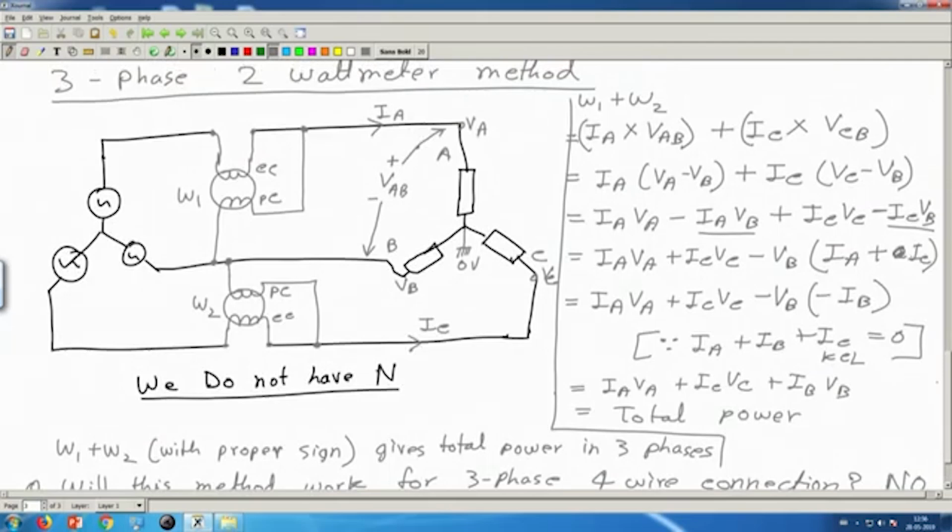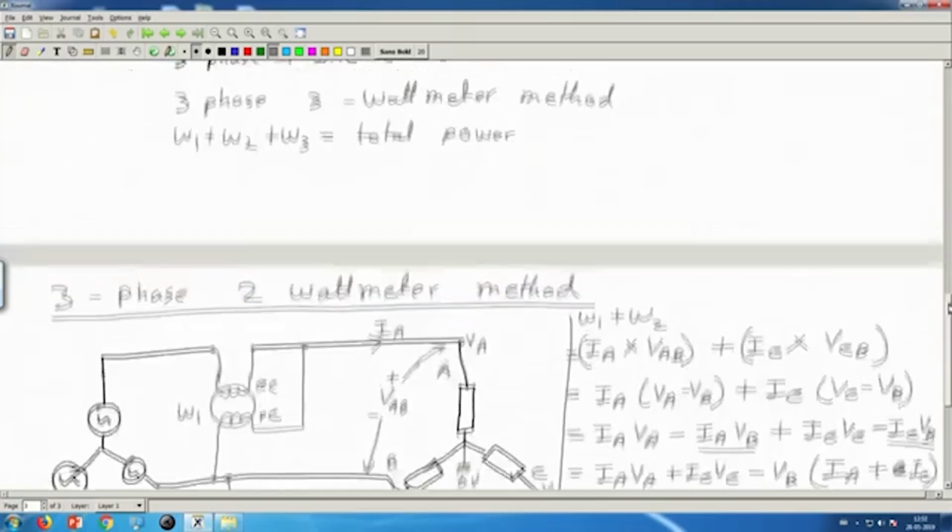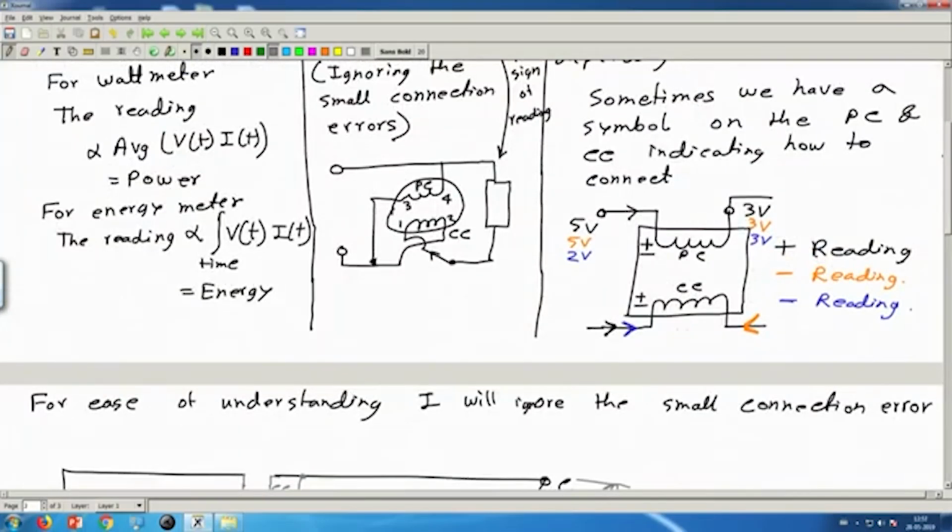Now, of course, last small thing before I conclude, but this is once again a bit more detail, which you may ignore, but this is required in practice. So let us go back to this convention of plus minus.